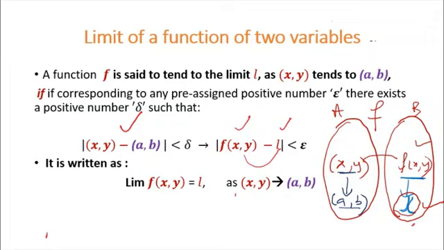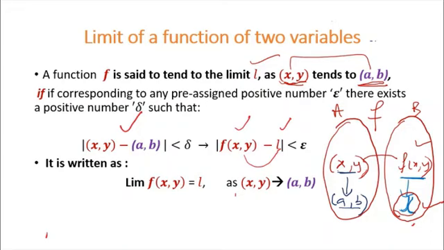Now let us look at the words that are written in the definition. A function f is said to tend to the limit L as xy tends to ab. What do you mean by xy tends to ab? In the domain, the point xy is a variable, so it keeps on changing its value, so that it reaches a comma b.